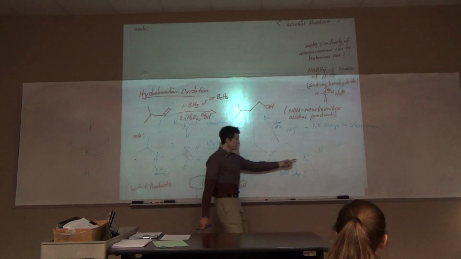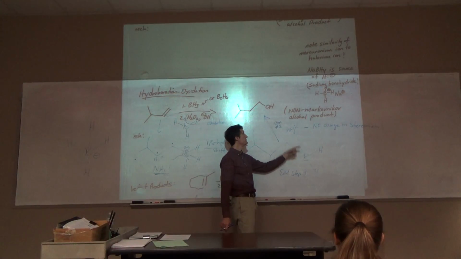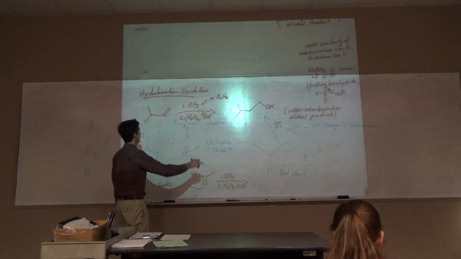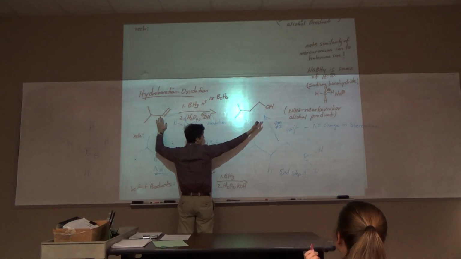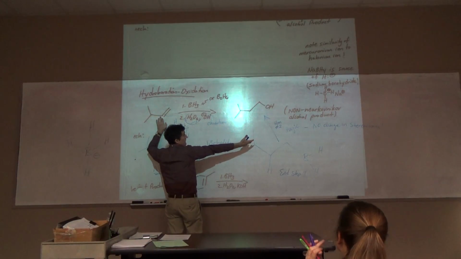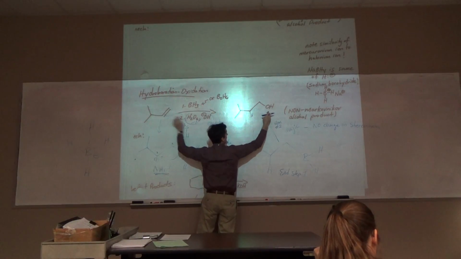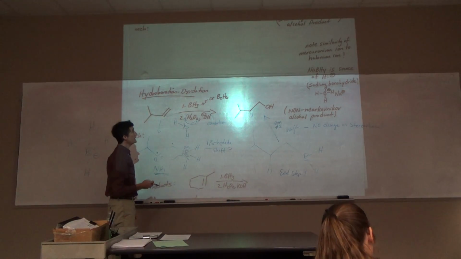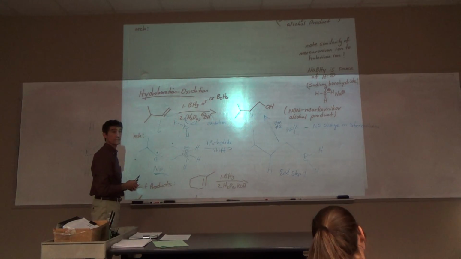And if we magically replace the boron with an OH, what do we end up with? There's your product. What have we ultimately done? We took this alkene and we added H2O to it. Because we added an H there, H2O. We hydrated the alkene with this crazy set of reagents.